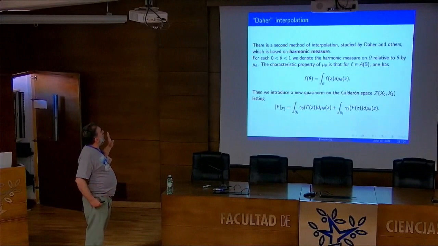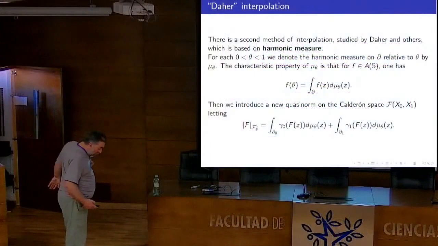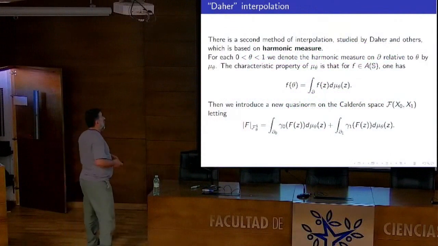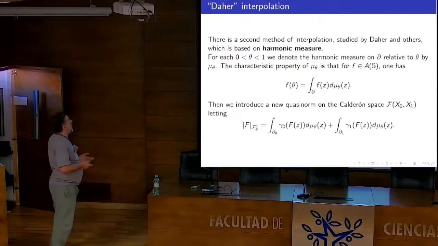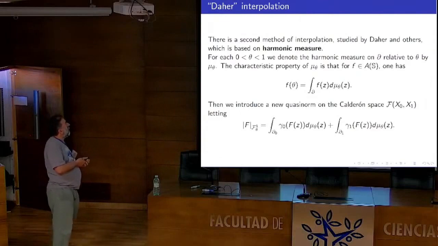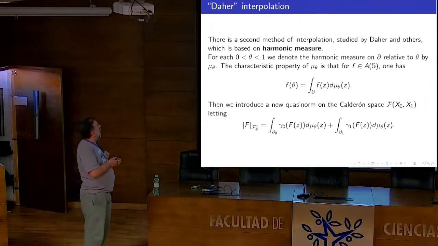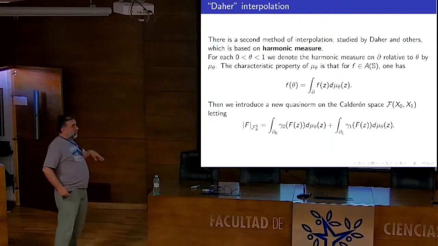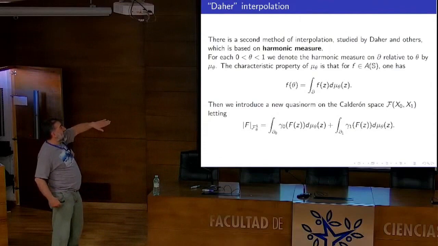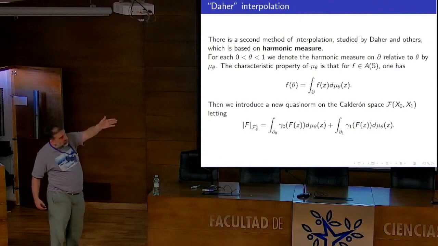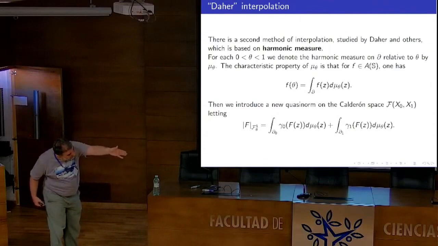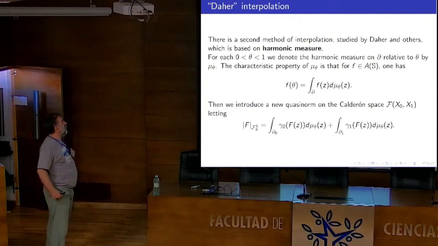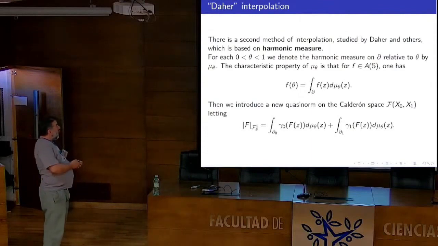So what we need is the notion of a harmonic measure, which is very easy to understand. The harmonic measure of a point theta is a Borel measure on the border of the strip that has this property.